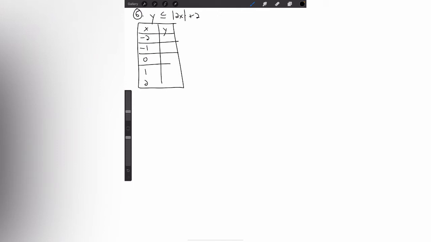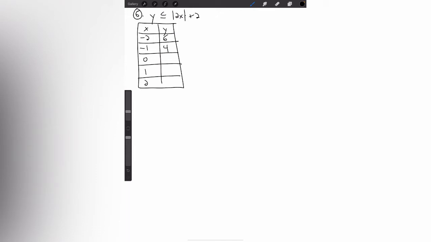Okay, so let's substitute these values in. 2 times -2 gives me -4. The absolute value of -4 is 4. 4 plus 2 is 6. -1: 2 times -1 is -2. The absolute value of -2 is 2. 2 plus 2 is 4. 0 times anything is 0.